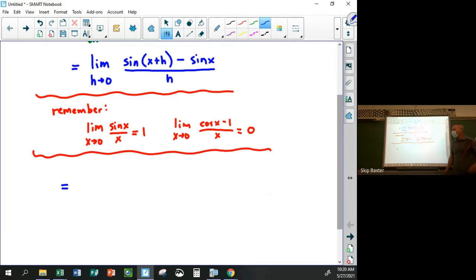One of these angle sum identities says if you have the sine of a plus b, where a and b are any angles, this is actually equal to the sine of a times the cosine of b plus the cosine of a times the sine of b.